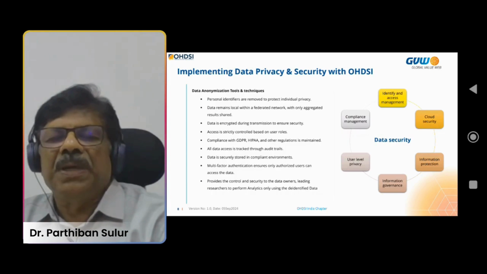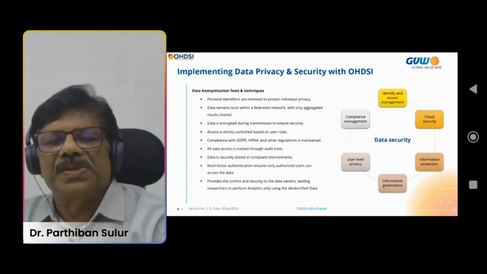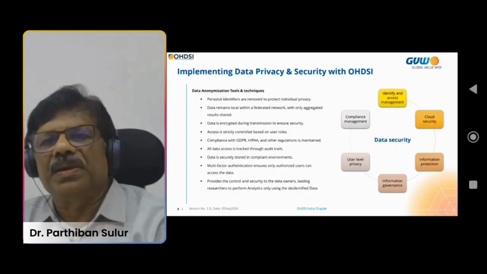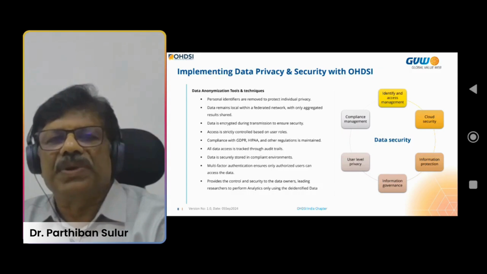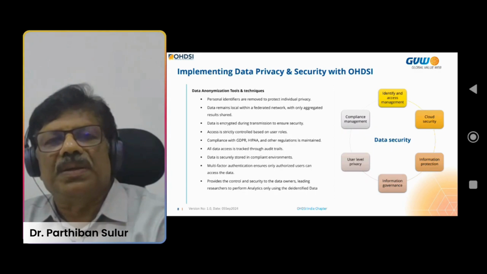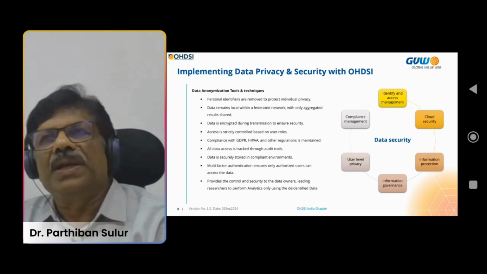One of the major things to address is, when we are accessing patient data, what data privacy and security is ensured? These are important questions that people always have. The personal identifiers are removed early in the processing, the data remains within the federated network, and only the results are shared across the community.